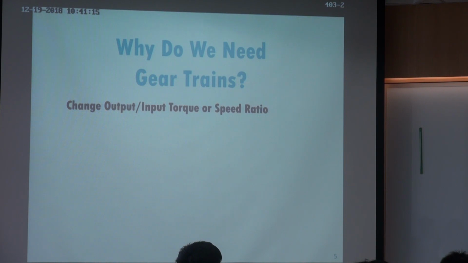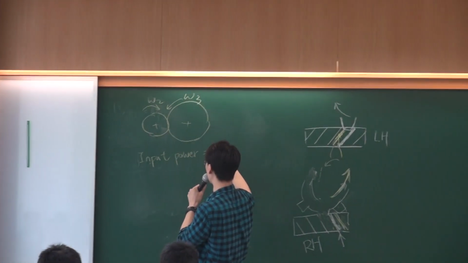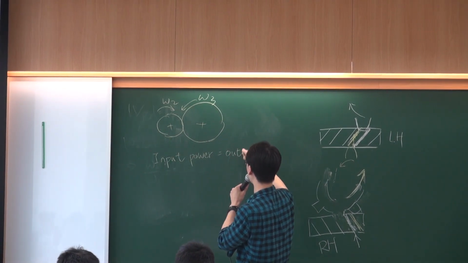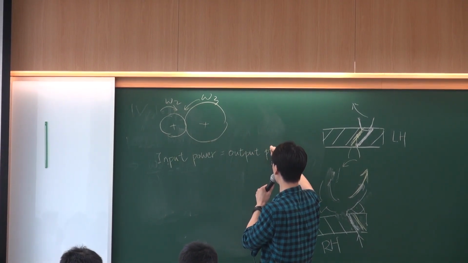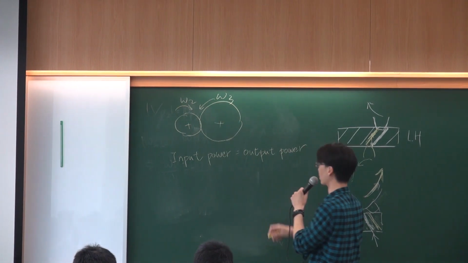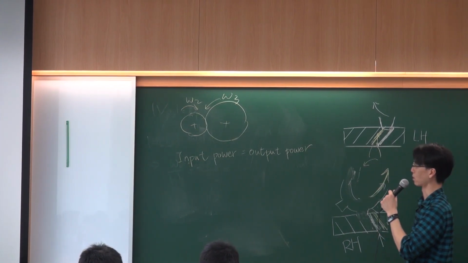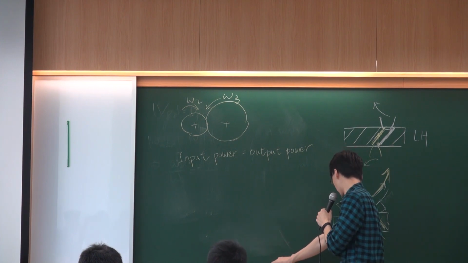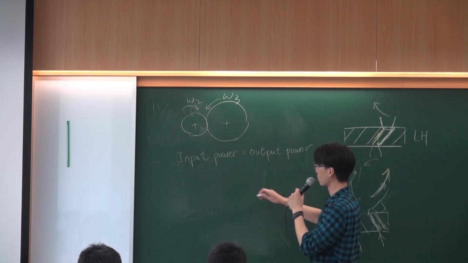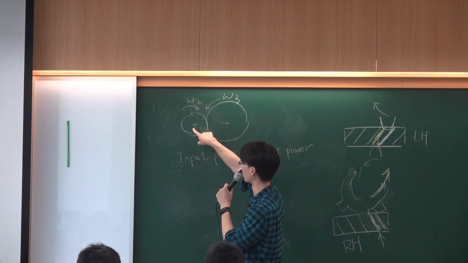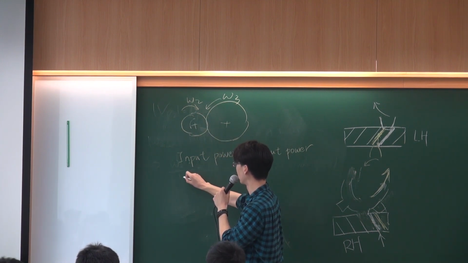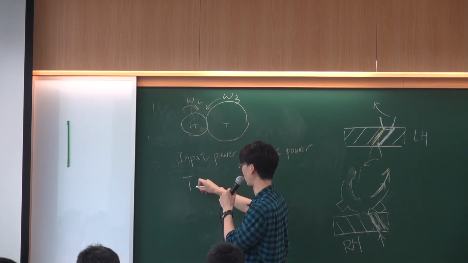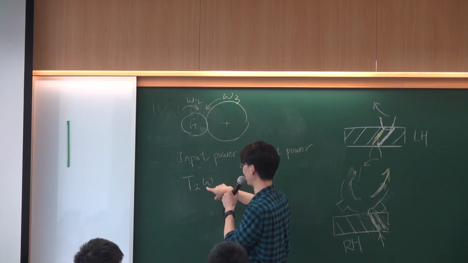We say the input energy should be the same as the output energy, or the input power should be the same as the output power, because of energy conservation. If there's no energy loss, then this one should be valid. And what's the input power? If omega 2 is the input, power is the force or the torque times the speed.